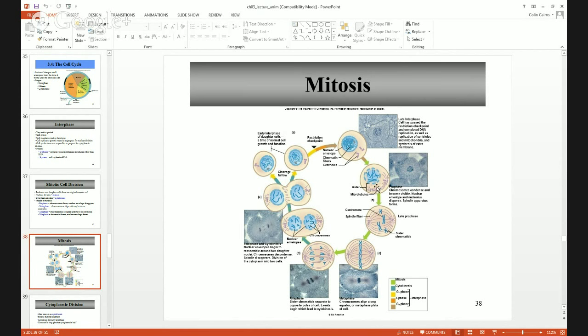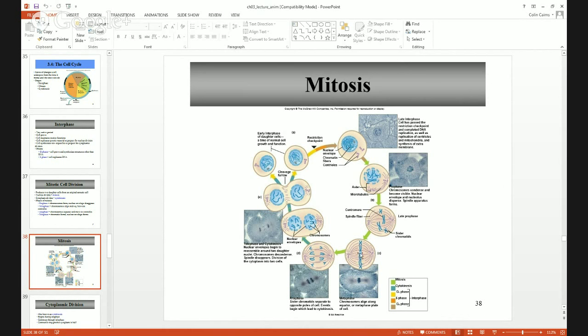The nuclear envelope and nucleolus disperse or break down, and the spindle apparatus is formed. The centrioles separate. And during late prophase, the centromeres start to align a little bit. The spindle fibers stretch, and the centrioles head each one to different poles.